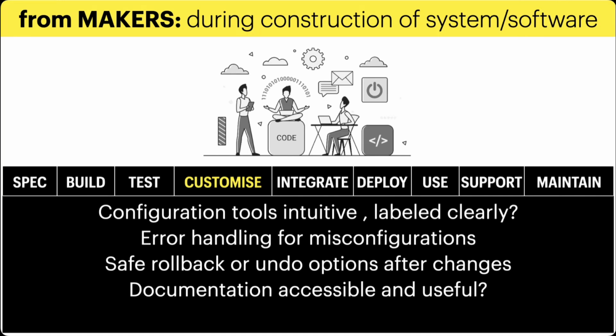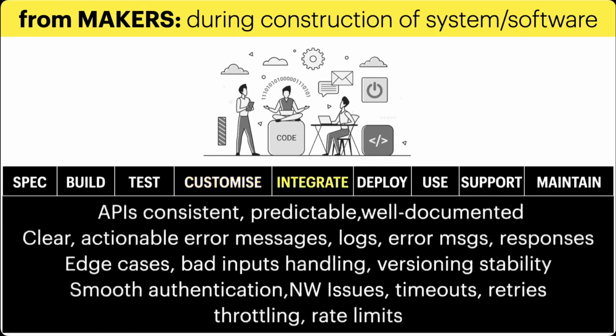And then there may be integrators, people who integrate our software, like what we talked about, system integrators, early on. And they may not be part of your maker cycle. I'm just looking at it from their making cycle. And therefore, consistency of certain APIs, predictability, logs, error messages, responses, edge cases, things like authentication, any environment-related issues, timeouts, retries, throttling, rate limits.